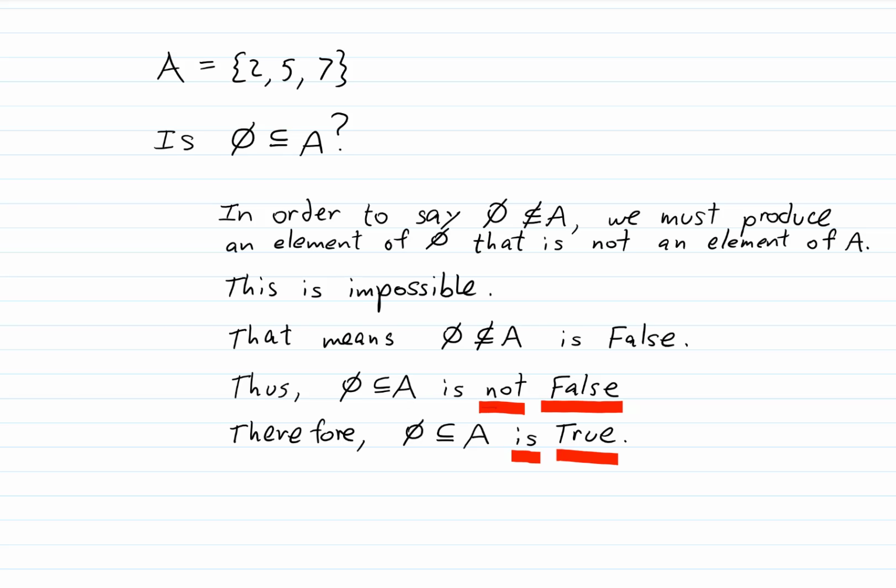Okay? So what we did was we showed that the statement, the empty set is not a subset of A, is false. That's up here. So that means the empty set is a subset of A is not false, and therefore it must be true.